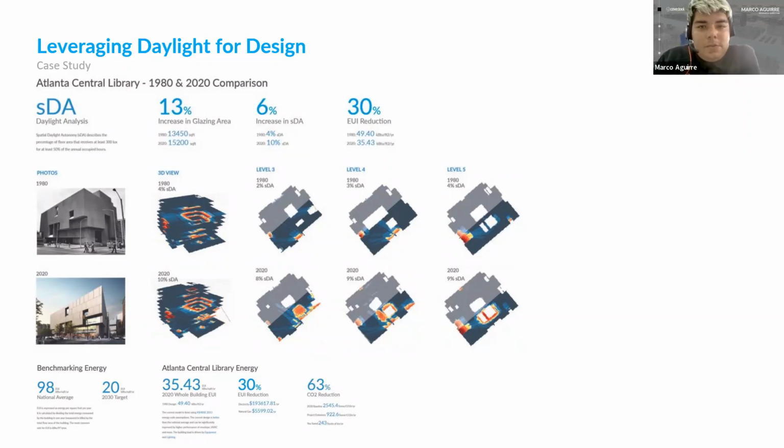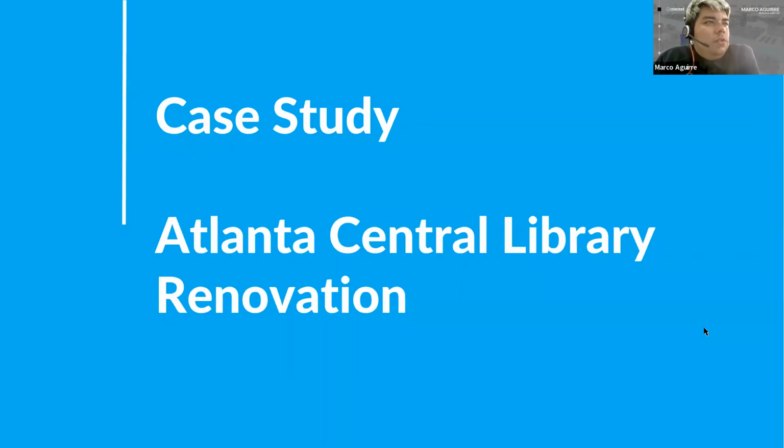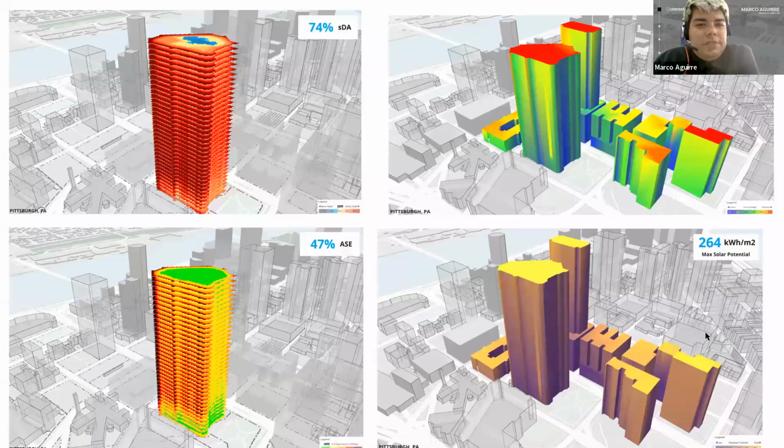All right, so first question: what engine do you use to perform simulations regarding daylight for SDA and ASE? So we use the forward ray tracing, and we follow the LEED definition for SDA and ASE. So a combination of those helps us calculate it.